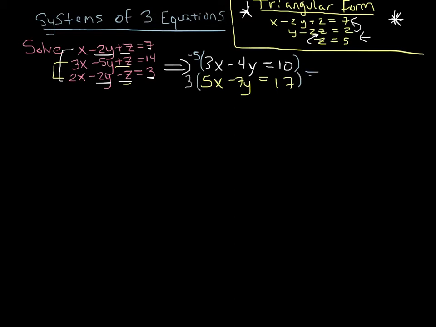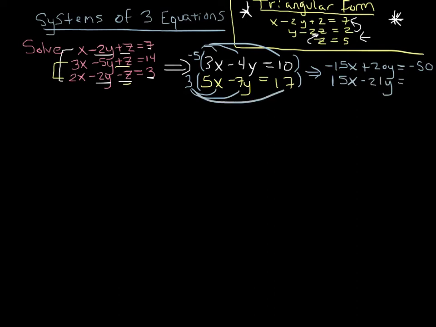And so now this turns into negative 15x plus 20y equals negative 50. And then I get 15x minus 21y is equal to 51.